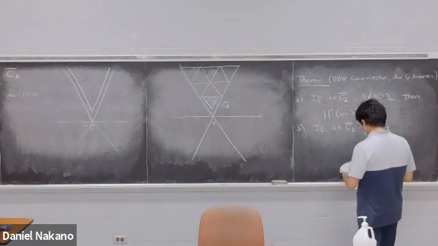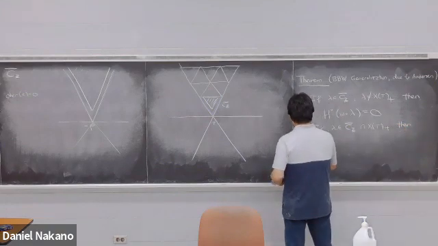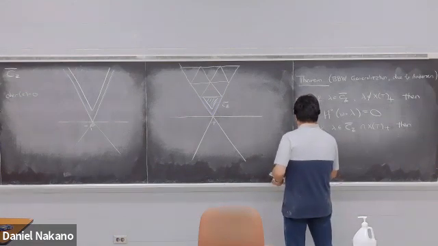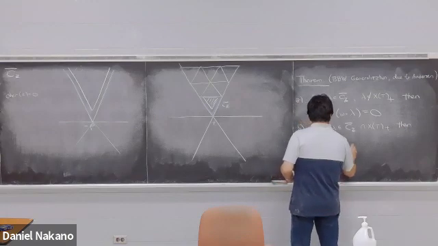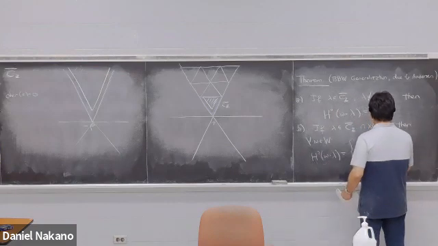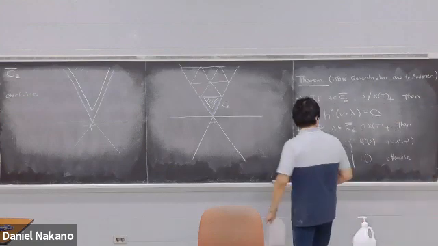Then for all W, the cohomology of W dot lambda is equal to H0 of lambda when i is equal to the length of W, and 0 otherwise. This is for all lambda.